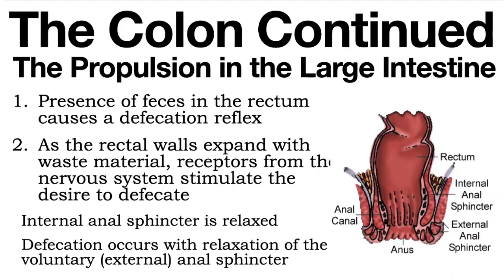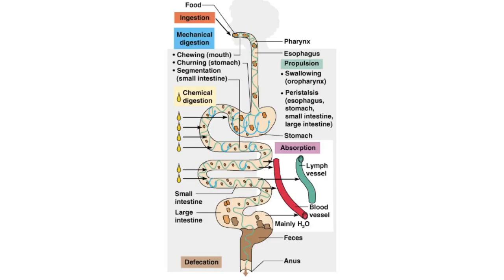This is primarily when the amount of waste builds up and expands the rectum, and this is going to trigger the nervous system response to relax that sphincter. This is the digestion process going from the mouth to the anus, starting with ingestion, the different digestions, absorption, and defecation.